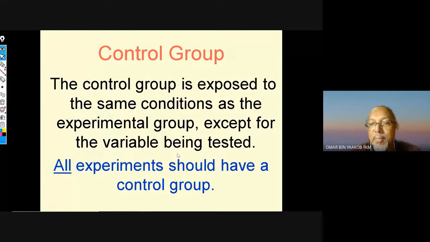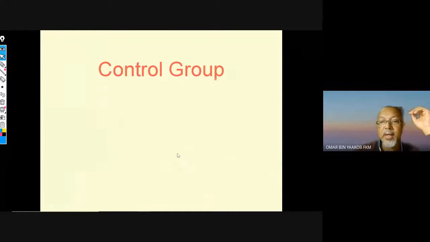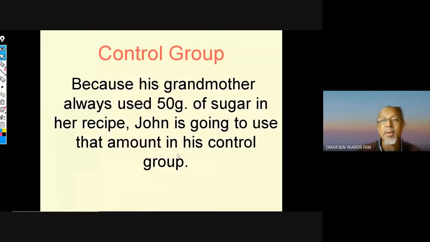So she was explaining about her experience. For the control group, basically you don't change anything. Because the grandmother used 50 gram, John is going to use that amount as the control group.